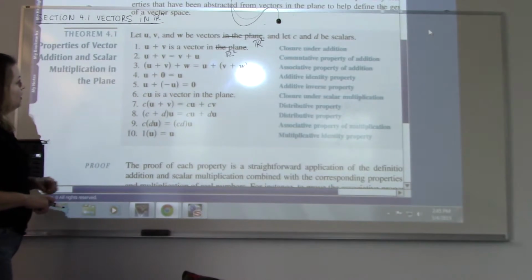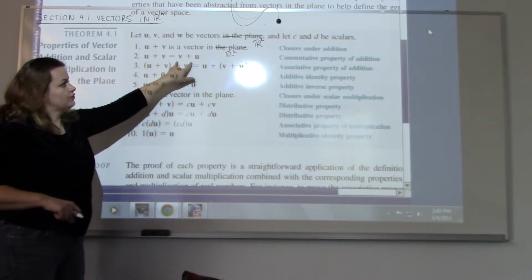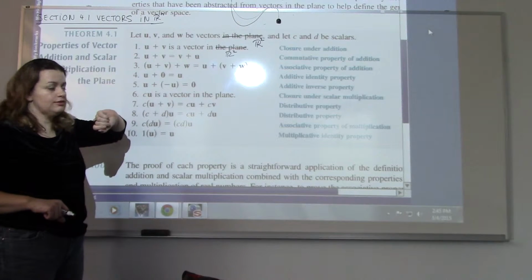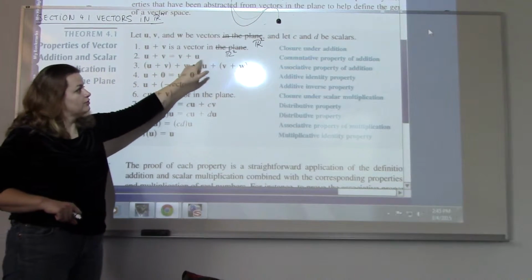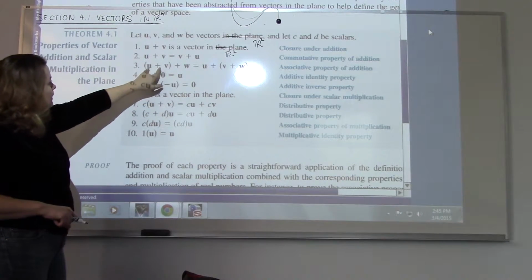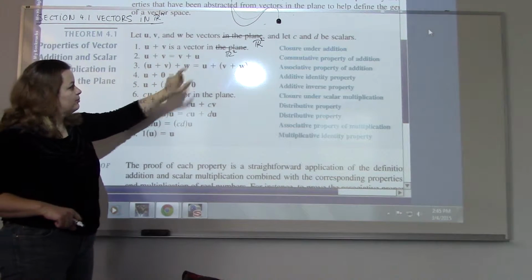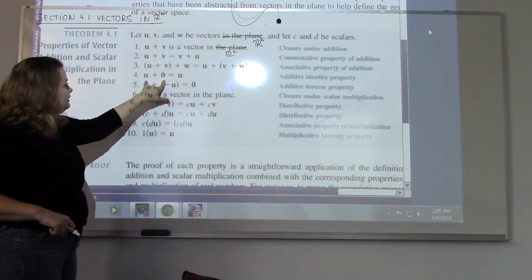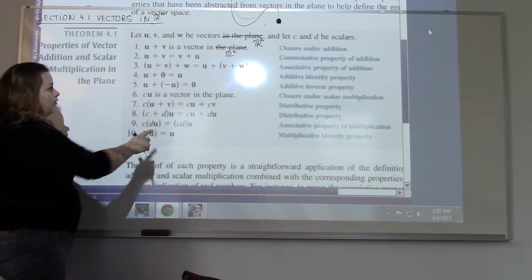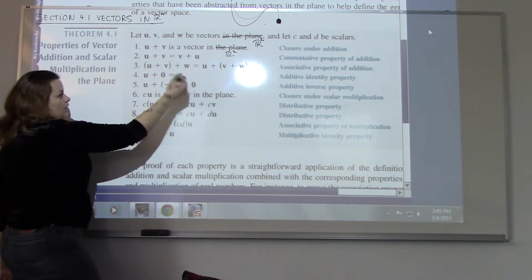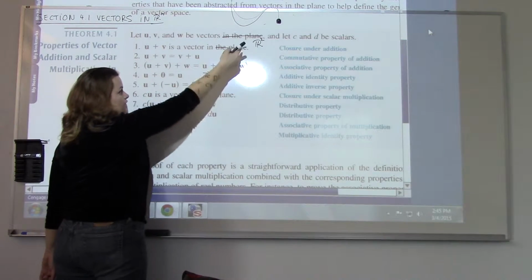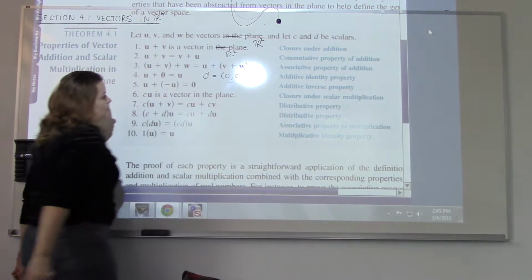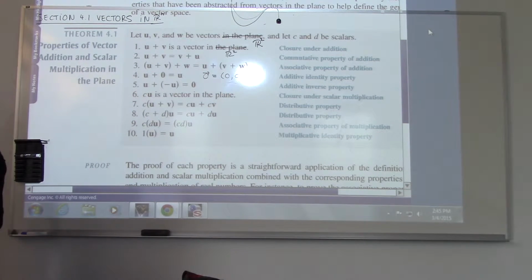That's important. Now, this you might recognize from section 2.1 when we learned about matrix addition. u plus v is v plus u, so that's the commutative property of addition. This is the associative property of addition. Now, this is new, the additive identity property. Since we are in R2, the vector 0 represents the ordered pair 0, 0.